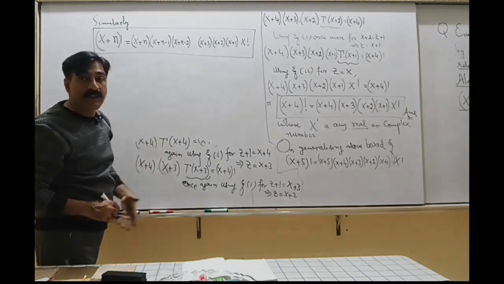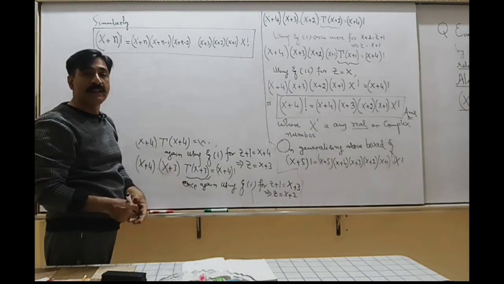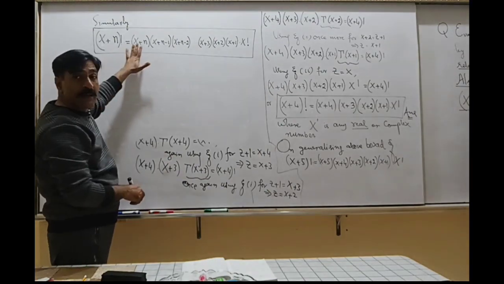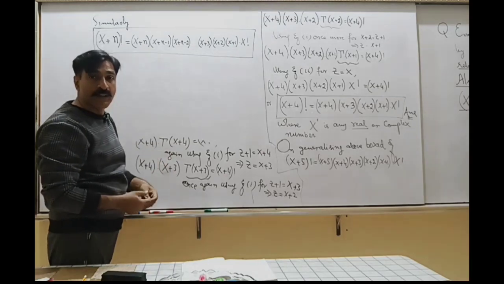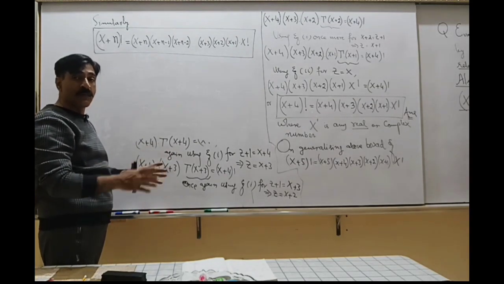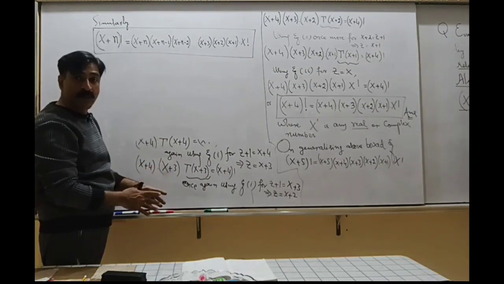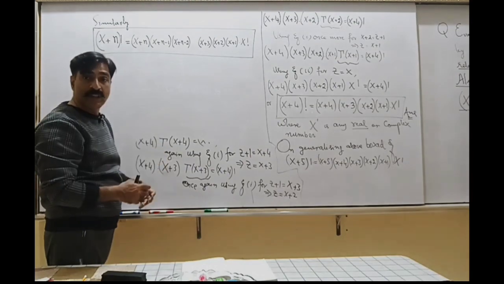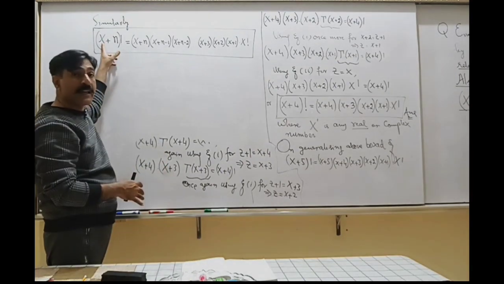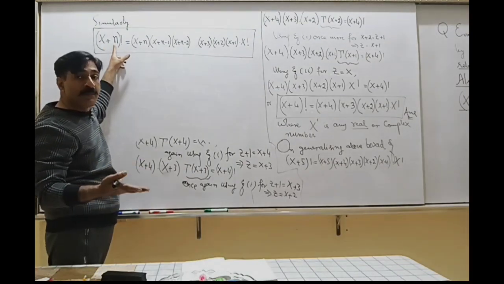For example, if there was a matrix and you need to calculate its factorial, there is no method for calculating factorial of a matrix for the time being. Maybe in some future we will be able to find factorial of a matrix, but so far as we know to date, we can find factorial through the gamma function only for arguments which are real numbers or complex numbers. Meaning x plus n should be a real number or a complex number.